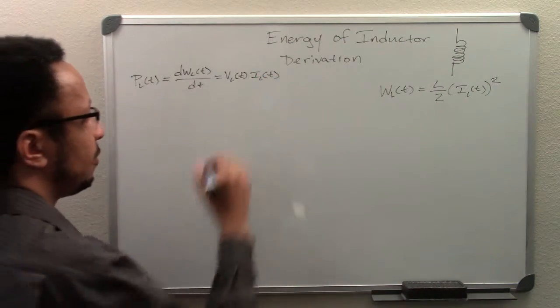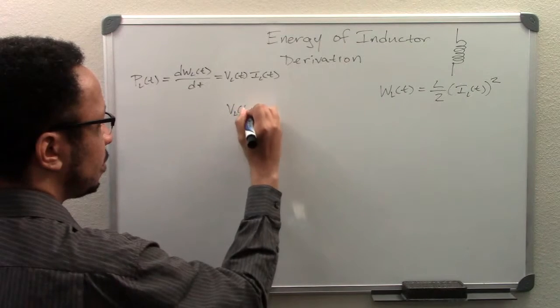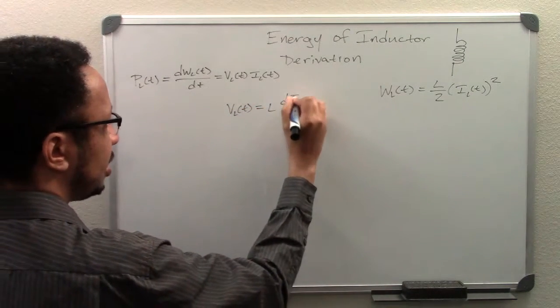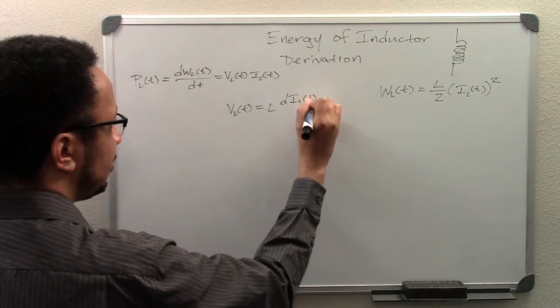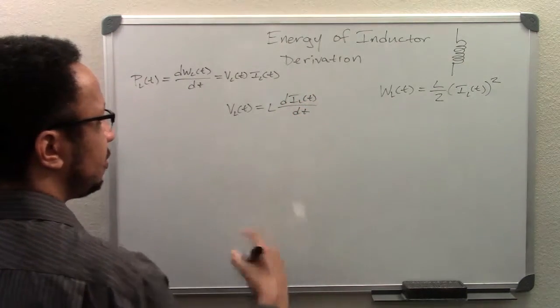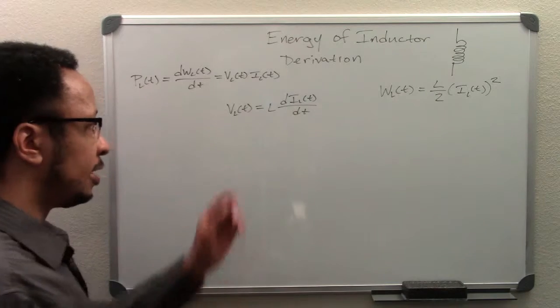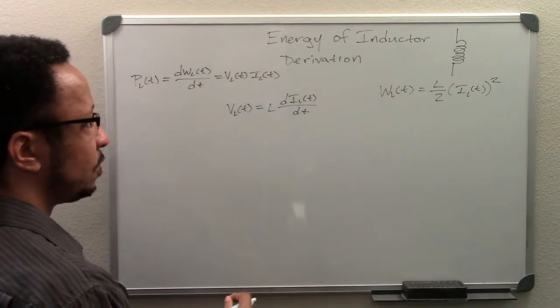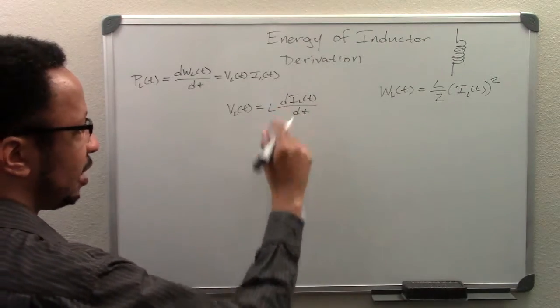Now, for v_L(t), we know that v_L(t) is L times di_L(t)/dt for any inductor. So we're going to substitute that over in here and then get an expression in terms of i_L(t).